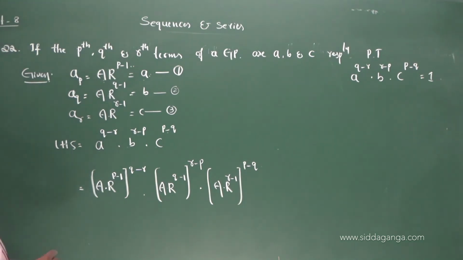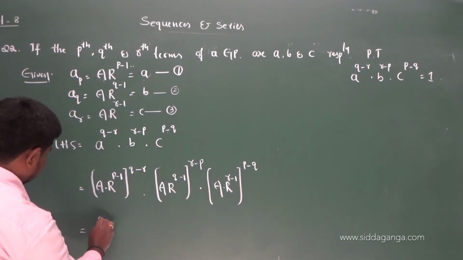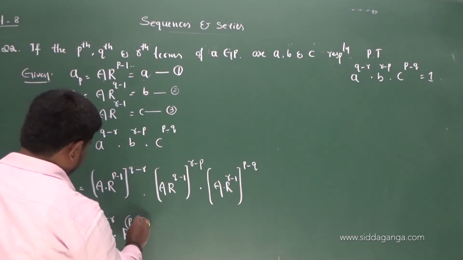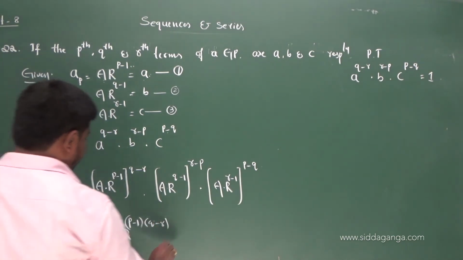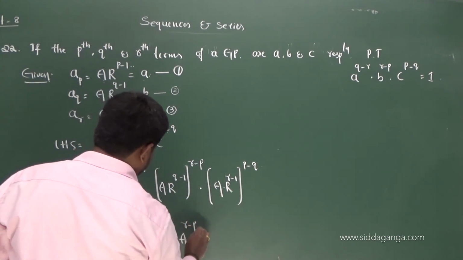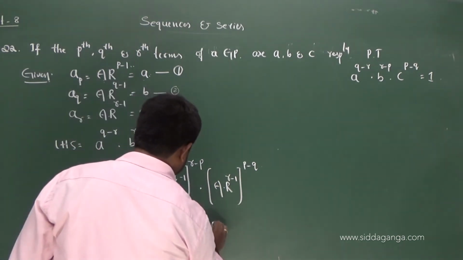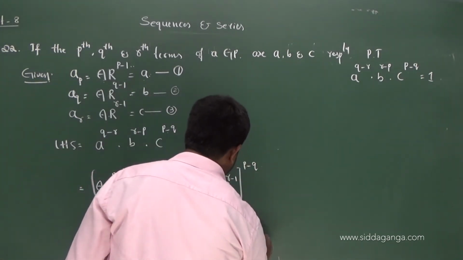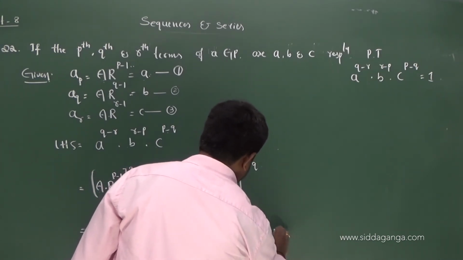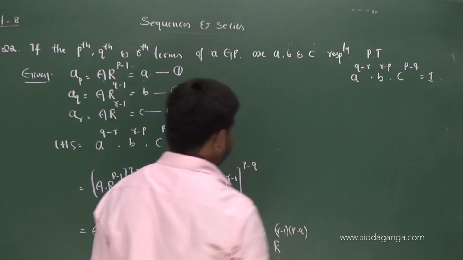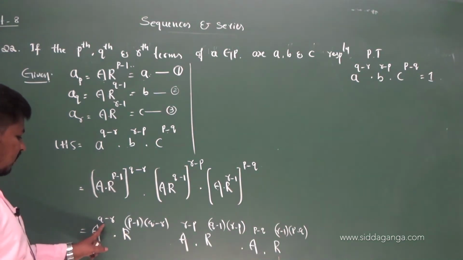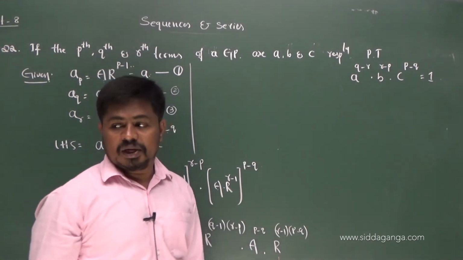Let us use the concept of powers. You get A power of Q minus R into R power of P minus 1 into Q minus R, into A power of R minus P into R power of Q minus 1 into R minus P, into A power of P minus Q into R power of R minus 1 into P minus Q. Here we have A power of Q minus R into A power of R minus P into A power of P minus Q. Since bases are the same, let me add the powers.